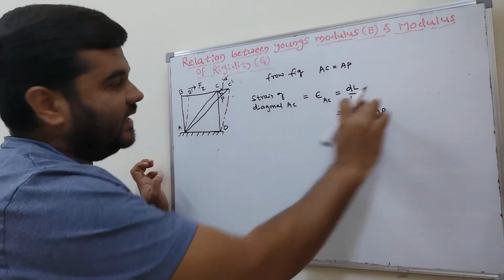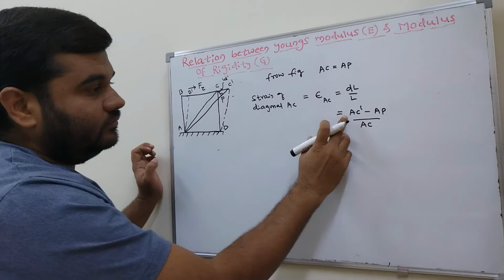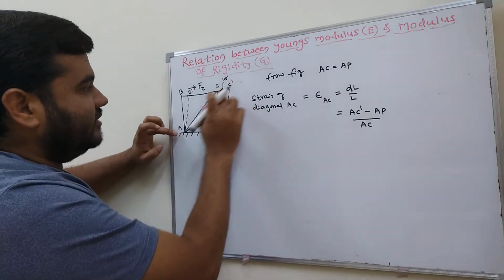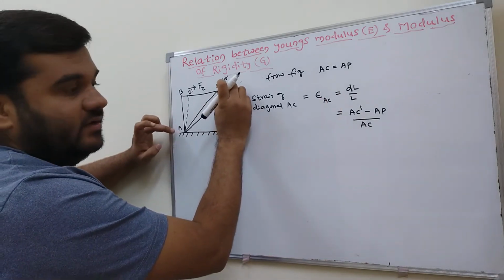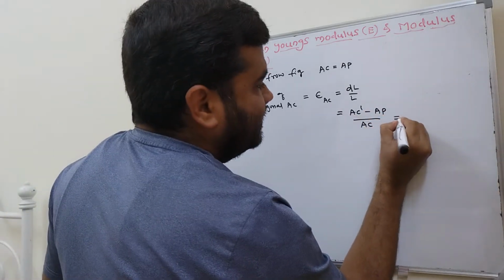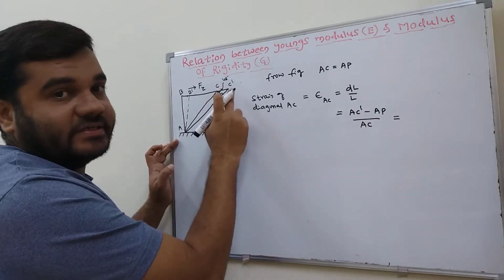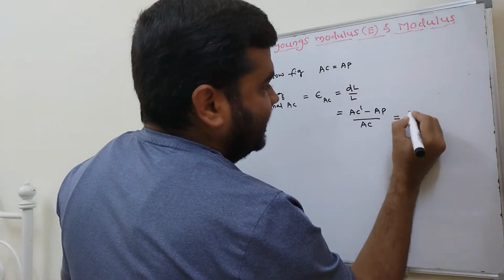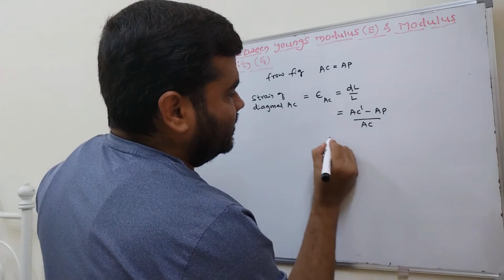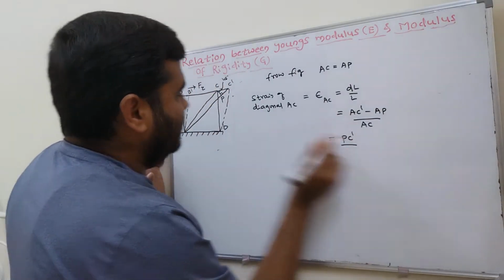So this all is related to only these two diagonals. Change in length AC dash minus AP, divided by original length AC. AC dash minus AP is PC dash, right? So this will be equal to PC dash divided by AC.